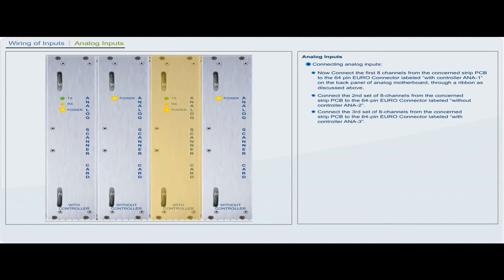Connect the third set of 8 channels to the 64-pin Euro connector labeled with controller ANA3. Finally, connect the fourth set of 8 channels to the 64-pin Euro connector labeled without controller ANA4.